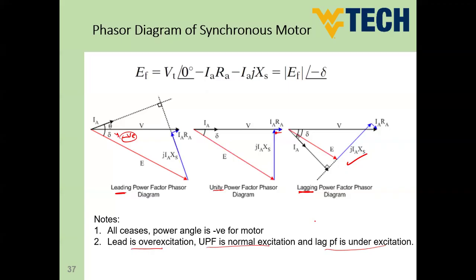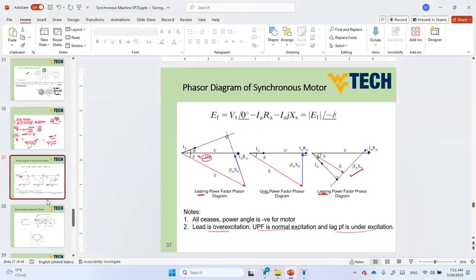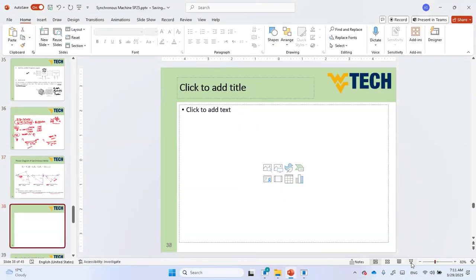So in order to make it easy for you, because you have many cases now, let's write this technique together. I'm going to create another slide here. So in case of lag generator, the excitation was over excitation.